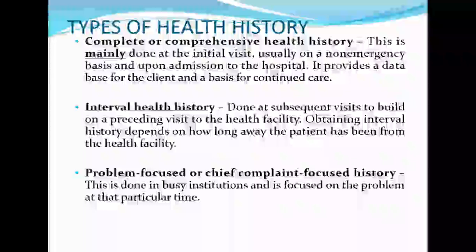When you put them on drugs to treat the blood sugar, the diabetes mellitus, you send them home. When they come back, you want to ask them questions. So how are you doing now? Are you still feeling weak like you were feeling the last time you came? Then they'll tell you their current situation. The kind of history that you're collecting by doing so is interval health history, because a period of time has passed.